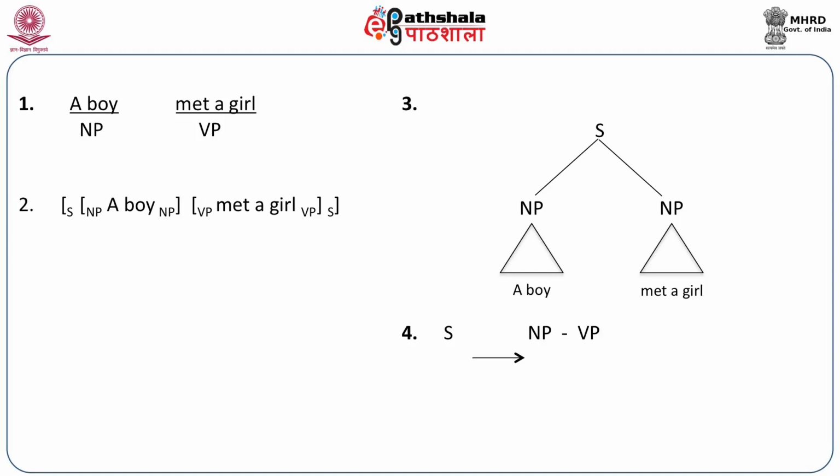We can also use tree diagrams to say the same thing. Like you see in 3, here S is divided into 2 parts or 2 constituents: the noun phrase, which is a boy, and the verb phrase, which is met a girl. This is called a tree diagram.